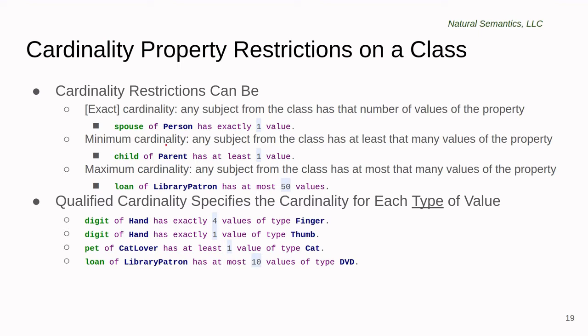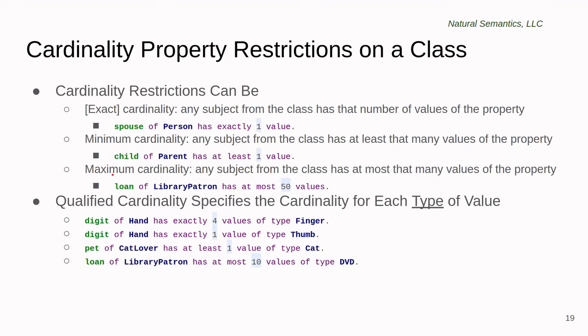Minimum cardinality says that any subject from the class has at least that many values of the property. It might have more, but must have at least that many values. For example, child of parent has at least one value. Child of parent might have more than one value, but can't have less than one value. Otherwise, the instance does not belong to the parent class.